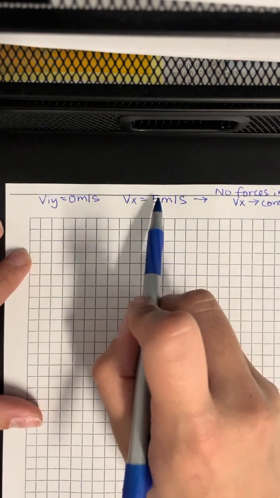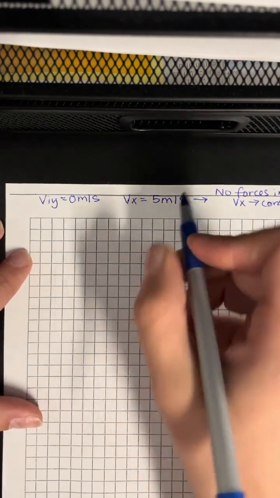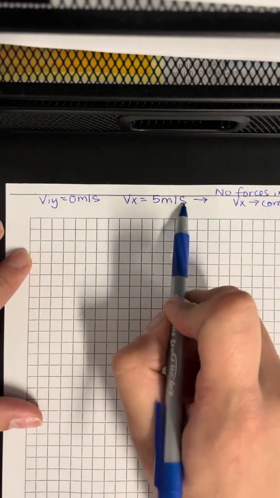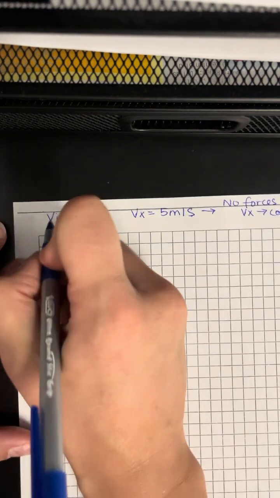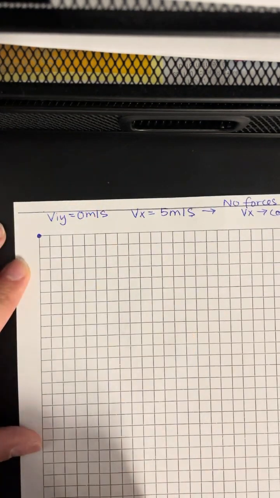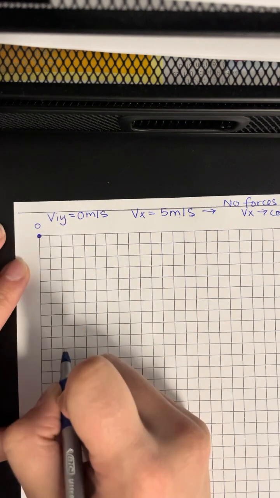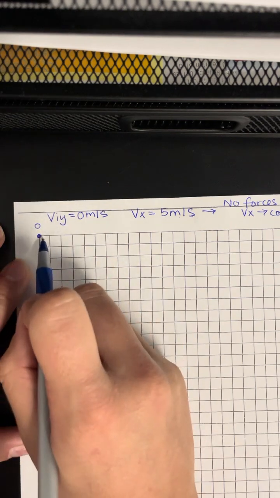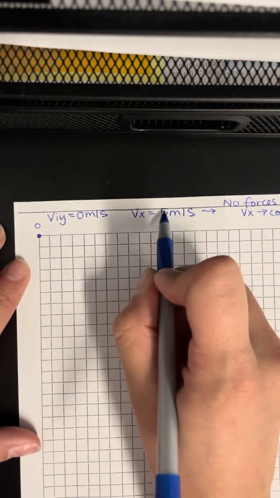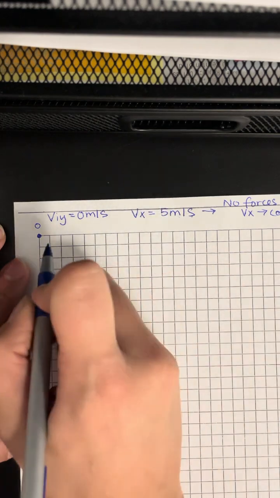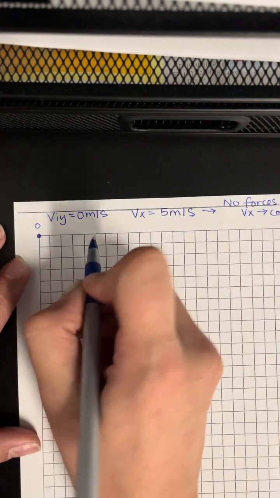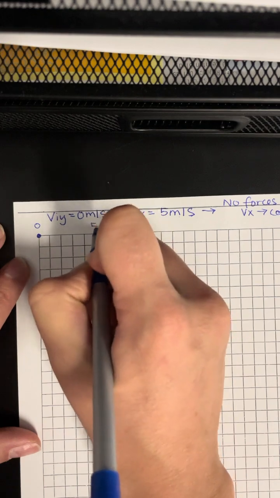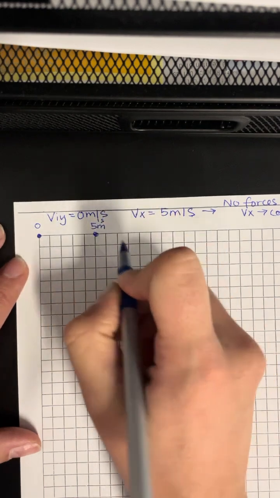So if it's moving at 5 meters per second, what that means is every second it's moving 5 meters. So it starts at 0, so this is 0. And then after a second, it's moved 5 meters because it's moving 5 meters every second. So 1, 2, 3, 4, 5. We have 5 meters in 1 second.